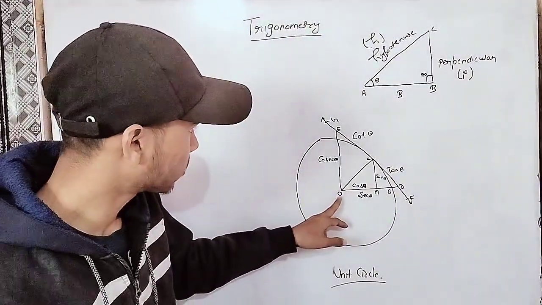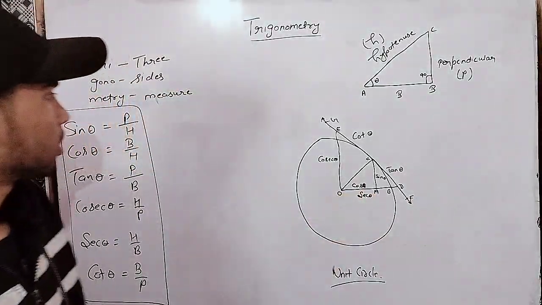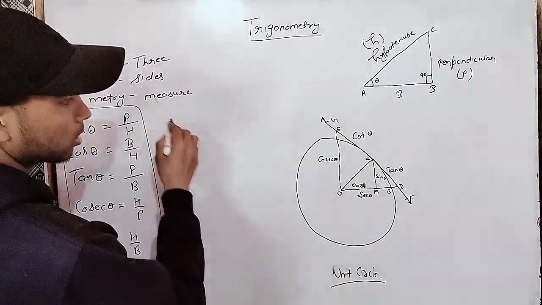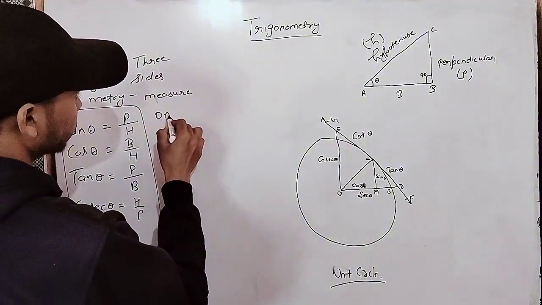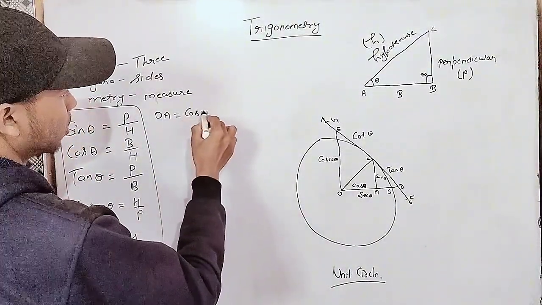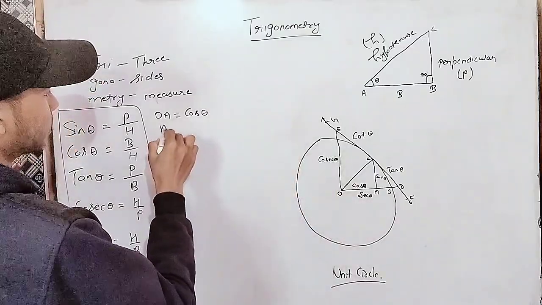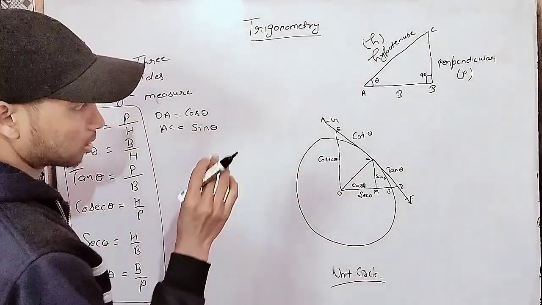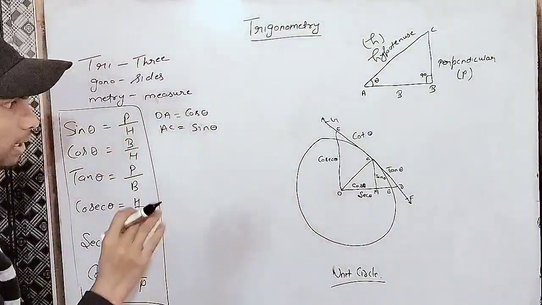So here, should I write OA? O is cos and AC is sine. Just to make it clear, okay.